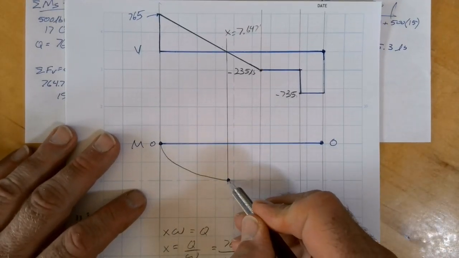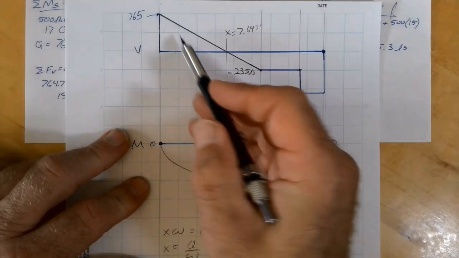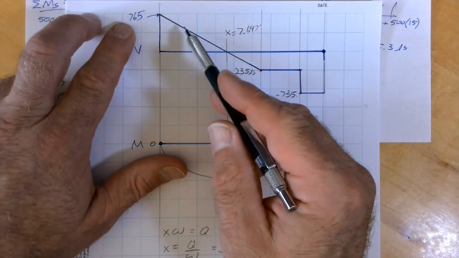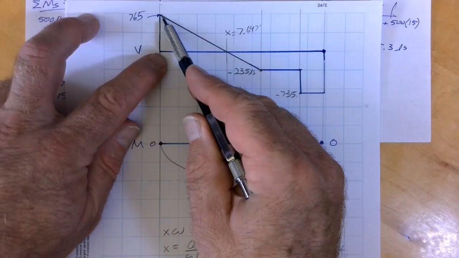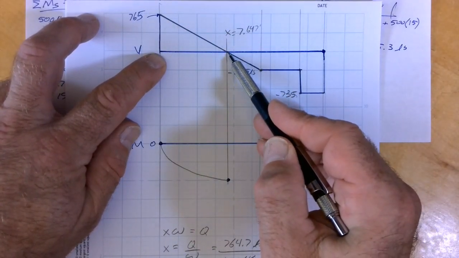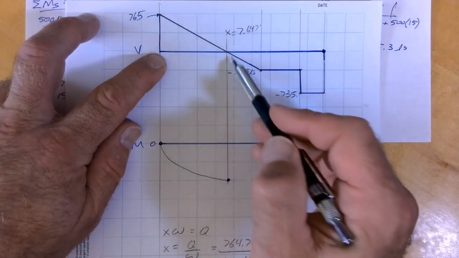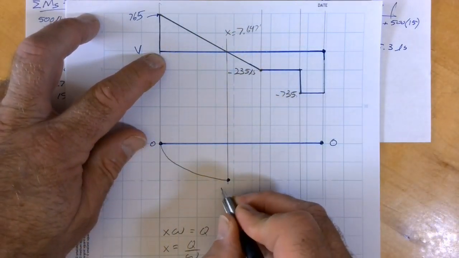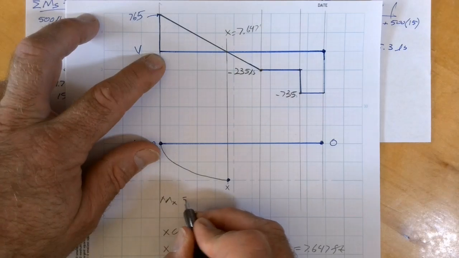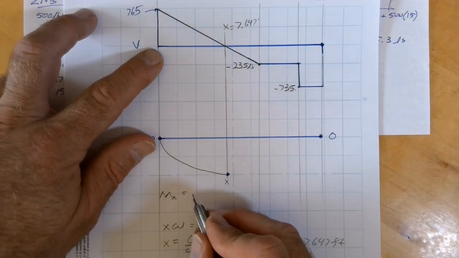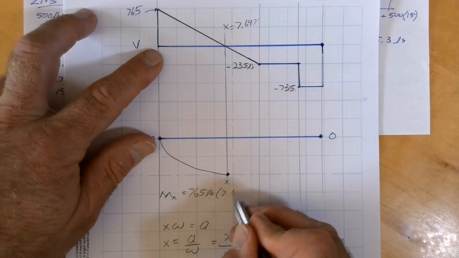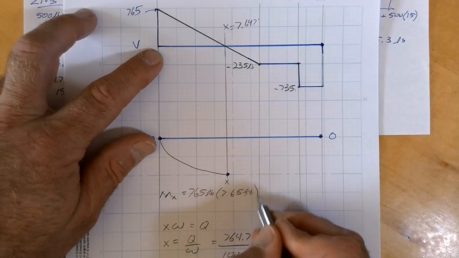Okay, so let's find this first point here. It's basically the area of the shear curve. So I have 765 pounds as the vertical portion of my triangle, times X of 7.65 divided by 2, because I only have half of it. So let's call this point X. My moment at X is equal to 765 pounds times 7.65 feet.